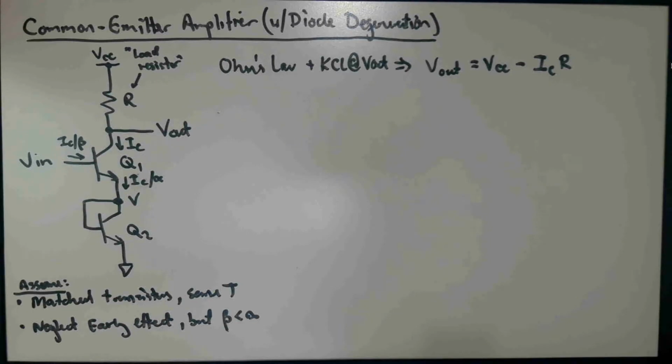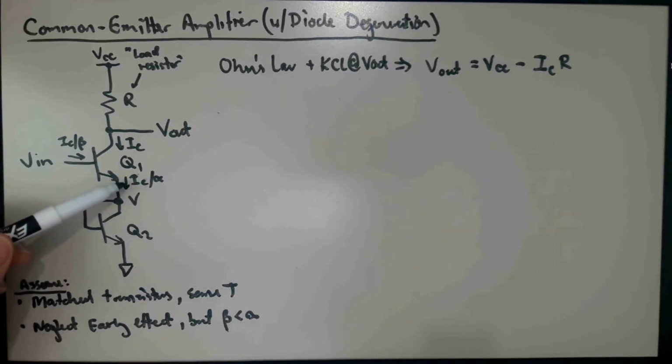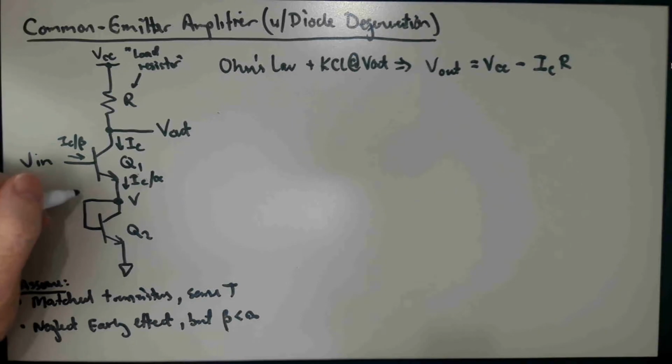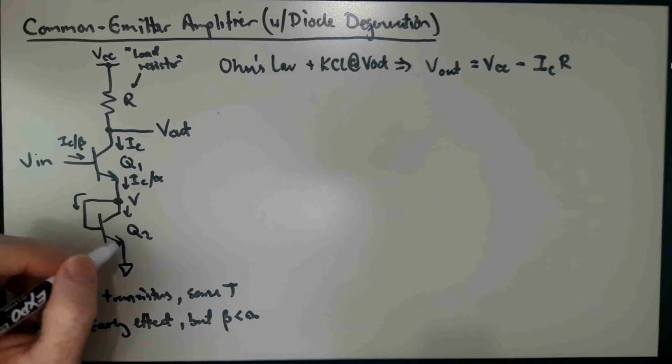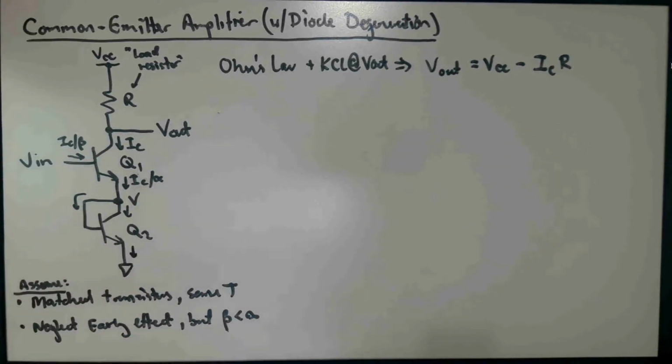Now this current, IC over alpha, is going to split up, and some of it's going to flow into the base and some of it's going to flow into the collector of Q2, right? And then those two currents are going to recombine and flow out of the emitter of Q2.